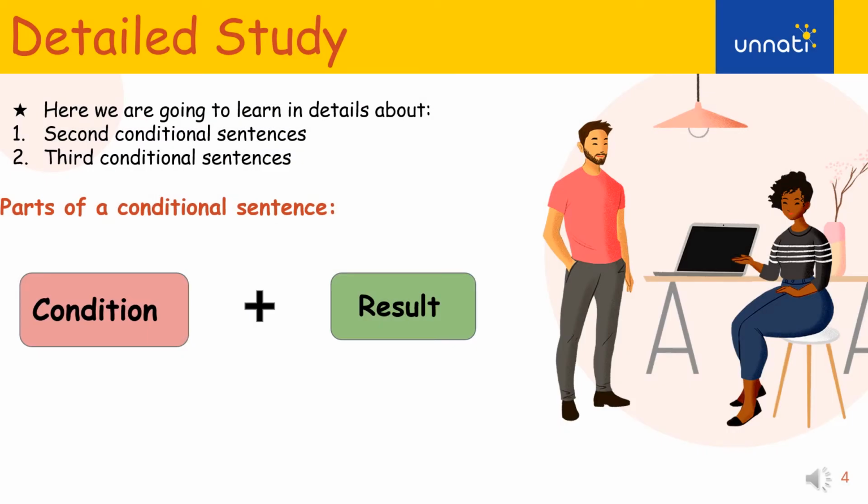A conditional sentence has a part which is a hypothetical situation, which is the if clause or the condition, and the consequence that is faced or the result. So two parts essentially: condition and result.